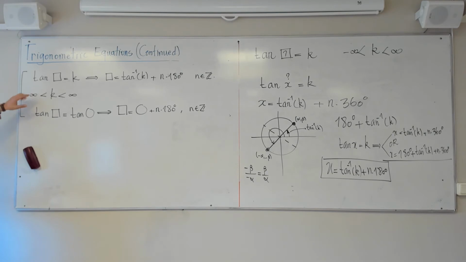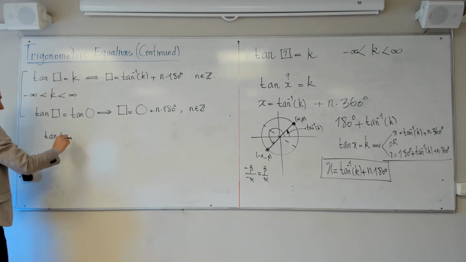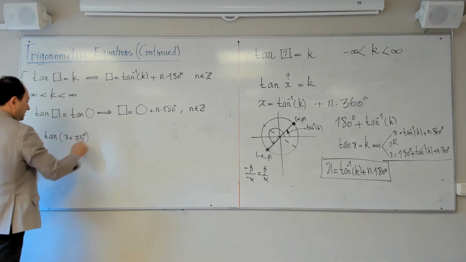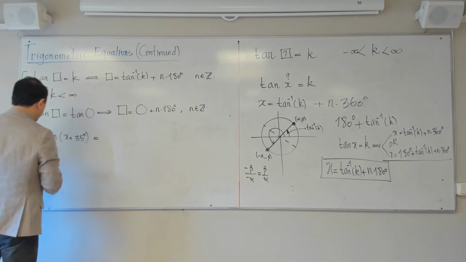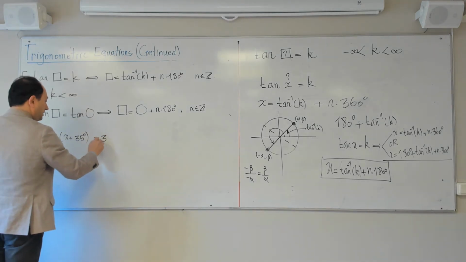So let me give you an example using these formulas. How can we solve this problem? Yeah, let me make it simple. So tangent of x plus 35 degrees is equal to, let me put a 2 here, let me put a square root of 3 here and 3 here.